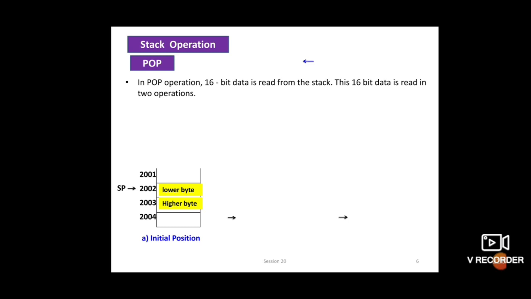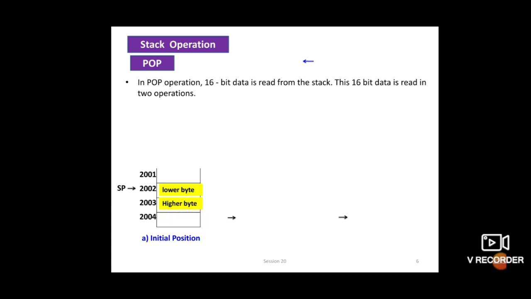Now I want to read this data, lower or higher byte. If I want both, then first read or first pop the lower byte, then the higher byte, because one end is closed, always remember.